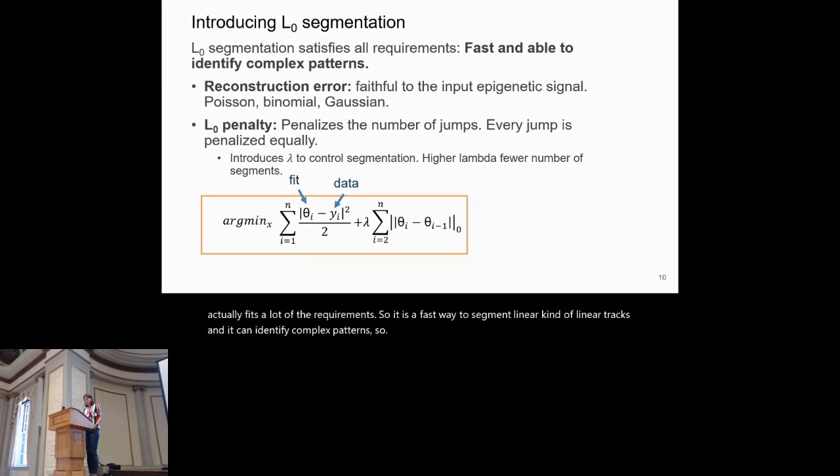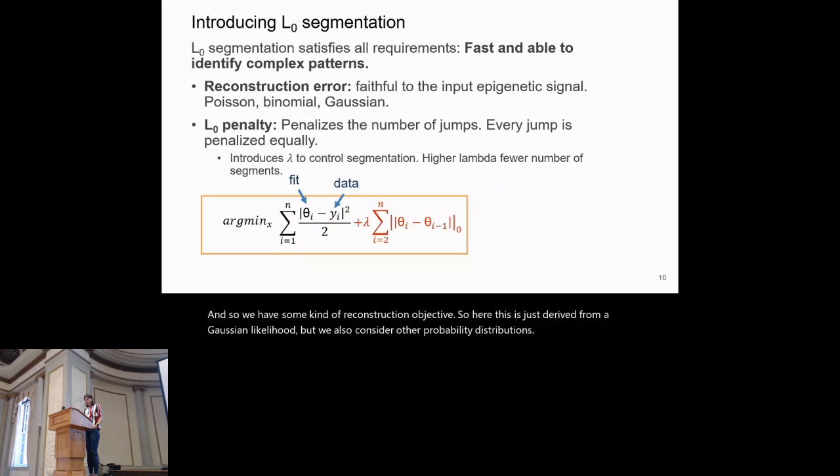The way linear L0 segmentation works is we try to approximate your signal as piecewise constant. Taking us through the objective, we have our data, and we fit it as a piecewise constant approximation. We have a reconstruction objective, derived from a Gaussian likelihood, but we also consider other probability distributions.